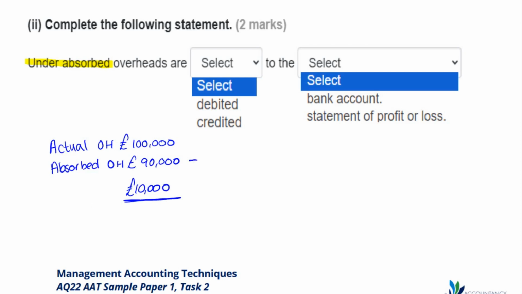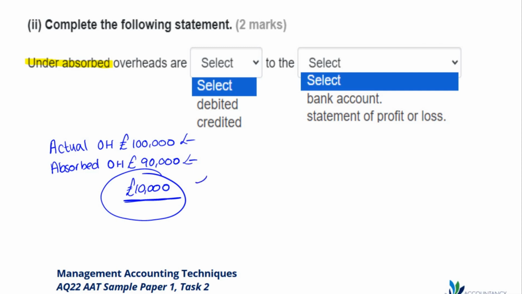So we've only taken £90,000, but our actual is £100,000. So this £10,000 here isn't actually shown anywhere. So that's going to be an additional expense to us because our absorbed overheads are lower than our actual.